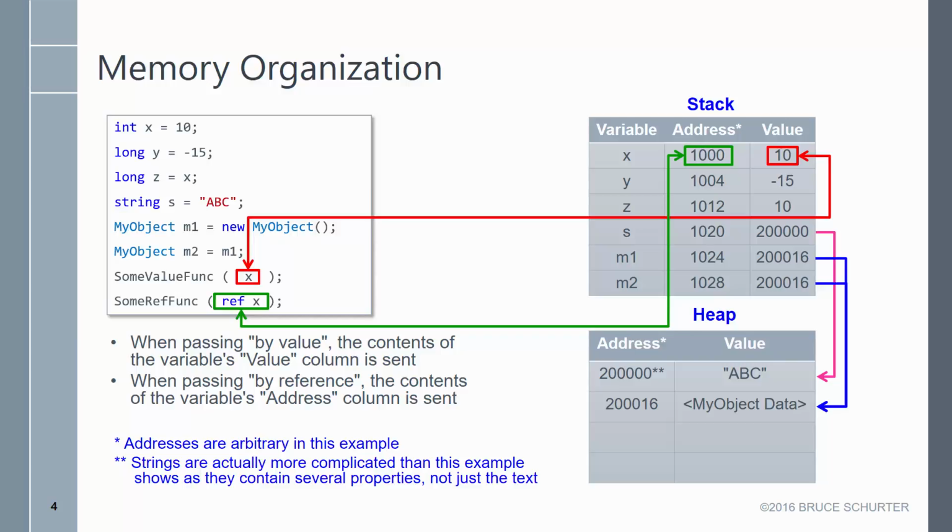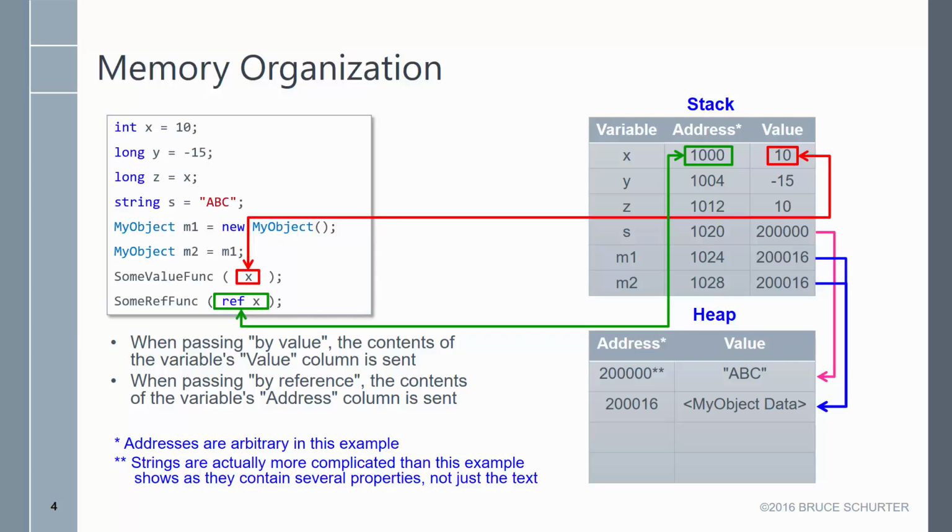So once we're inside the some value func, there is actually an integer declared inside of the stack for that function. So it is actually copying the value 10 into that location. So in fact, what happens is we end up with another value of x on the stack, which equals 10. So if any manipulations are made to that value, it only affects that local copy. Once the function terminates, we lose all reference to that new x that was declared specifically for the function.